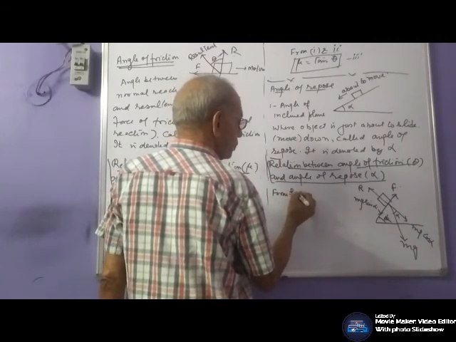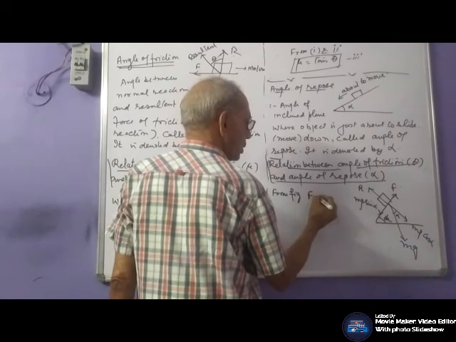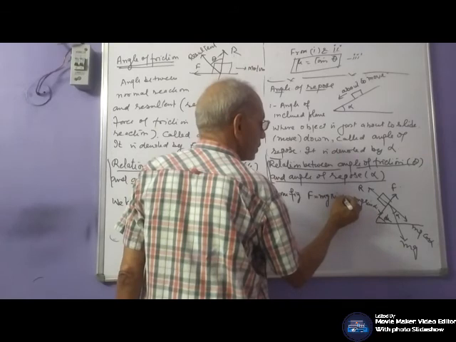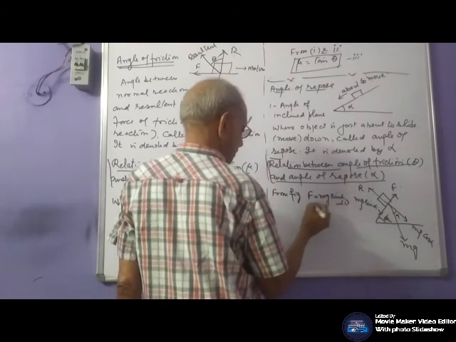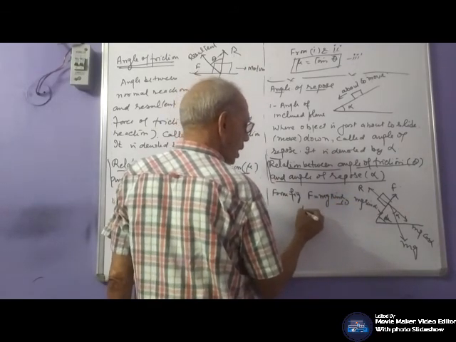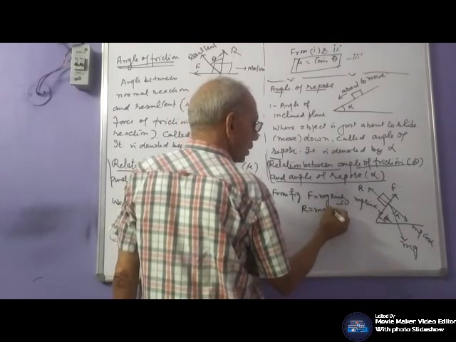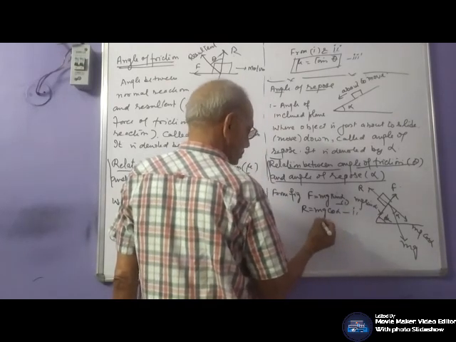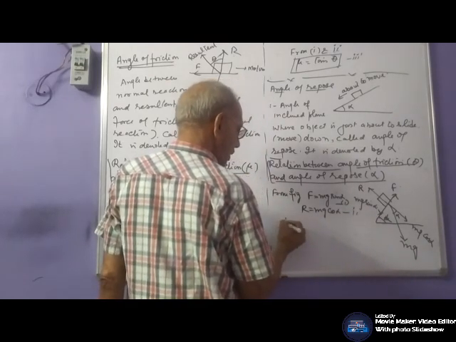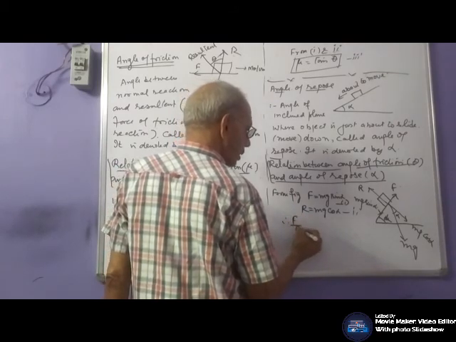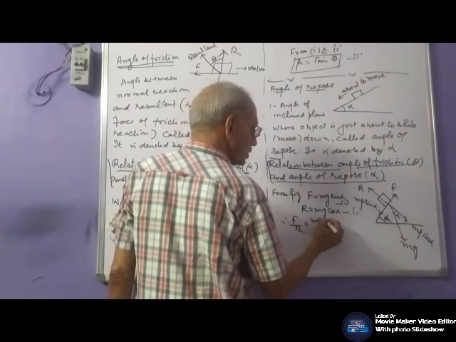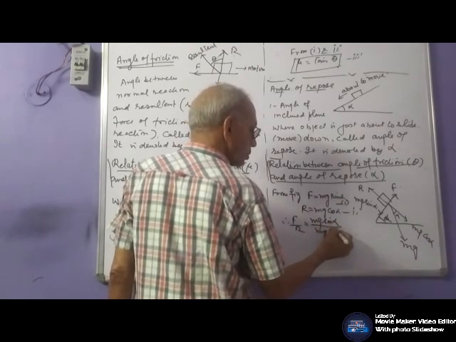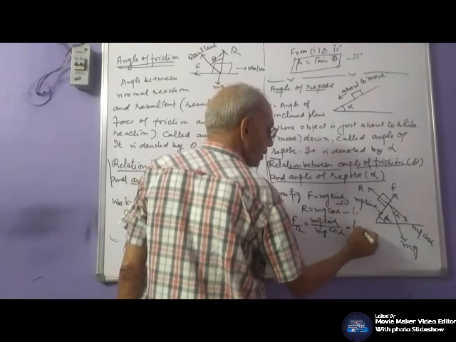From figure, F equals mg sin alpha. First, R equals mg cos alpha. Second, therefore F by R equals mg sin alpha by mg cos alpha, it is tan alpha.